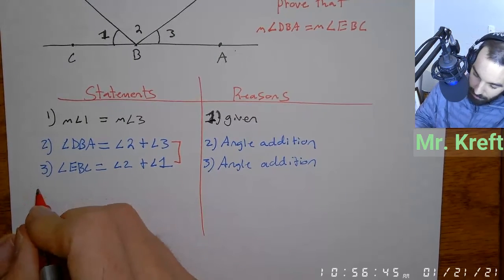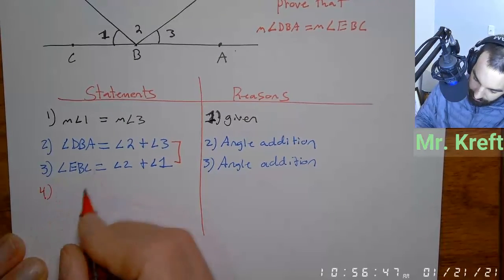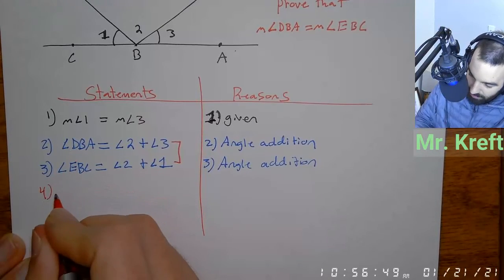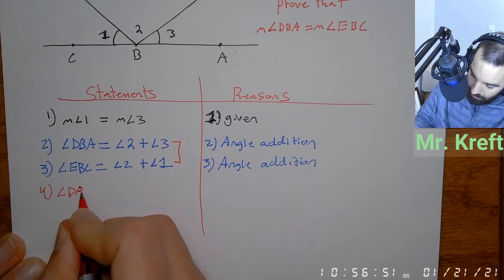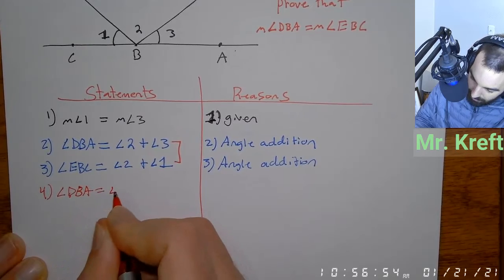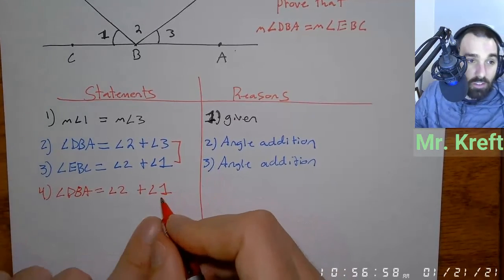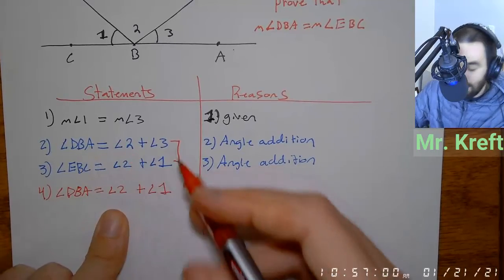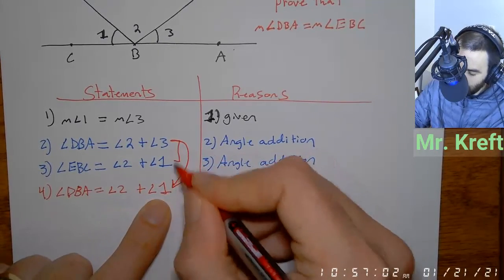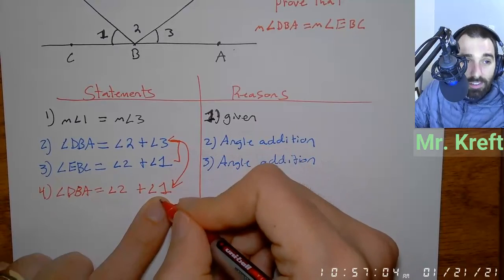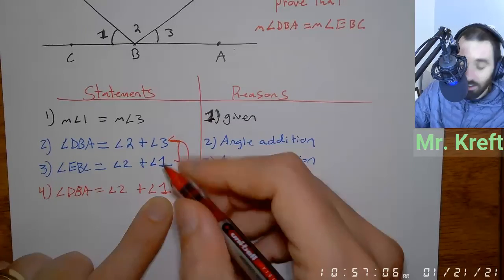So check this out. For my fourth step, I can say, let's say I take angle DBA is really angle 2 plus angle 1. So what did I do here? I took angle DBA and I replaced 3 with 1.